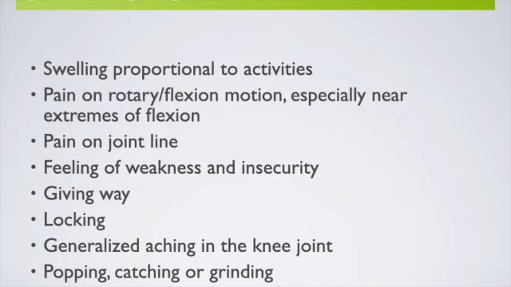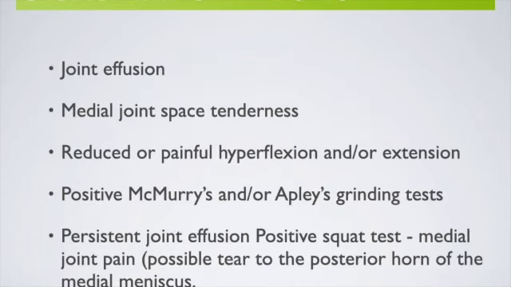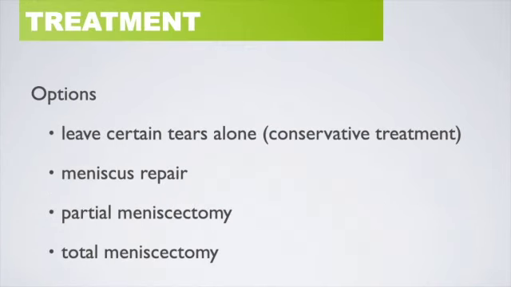These are some of the common presenting symptoms: giving way, locking, catching, swelling, intermittent effusion, and of course orthopedic tests, which will reveal pain with rotation of the tibia coupled with flexion, and of course direct palpation. Joint effusion and medial joint space tenderness are common with medial meniscal tear.